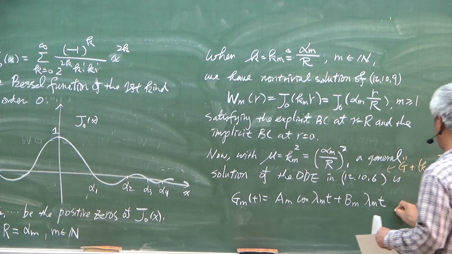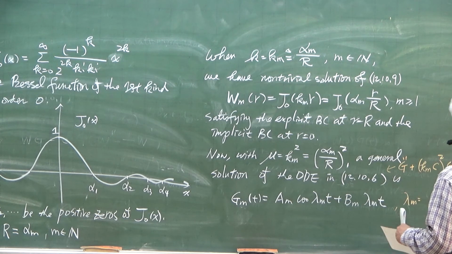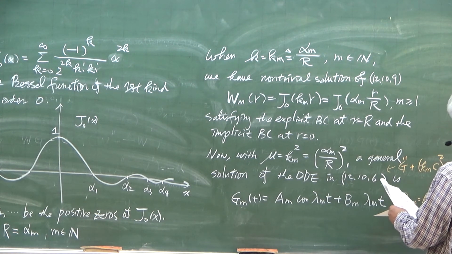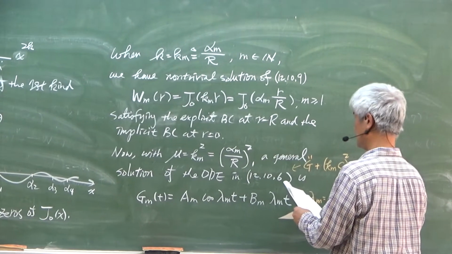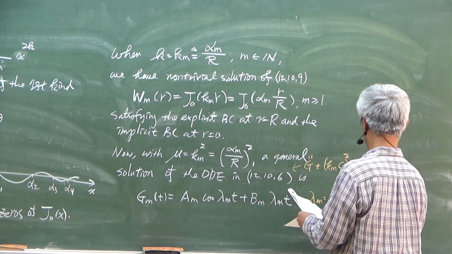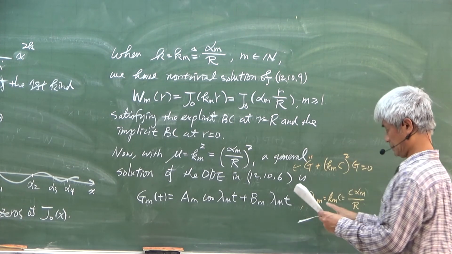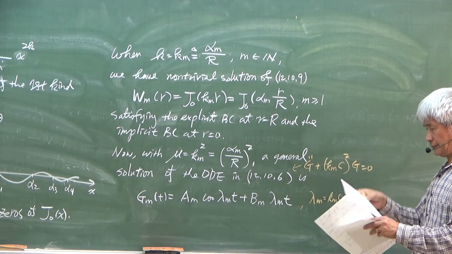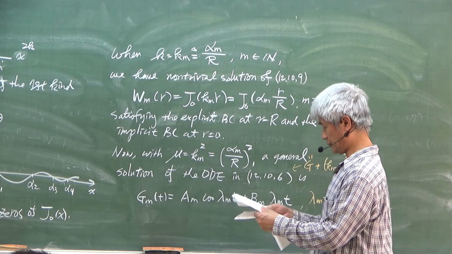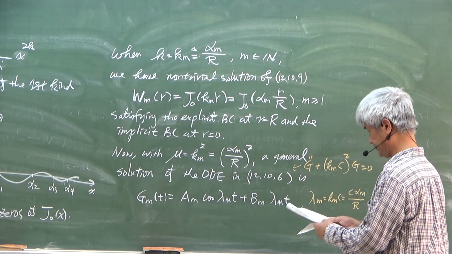Okay, so we define the eigenvalue to be k_m c, so this is c alpha_m over R. Okay, so that is it. So this is the general solution we have here.